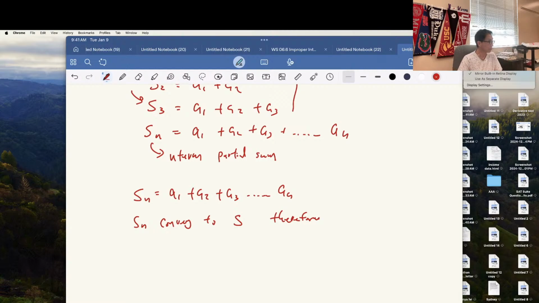If it adds up to a number, then it converges.